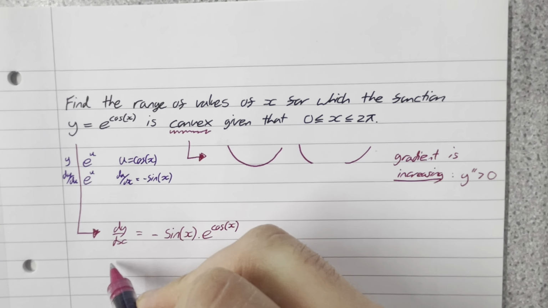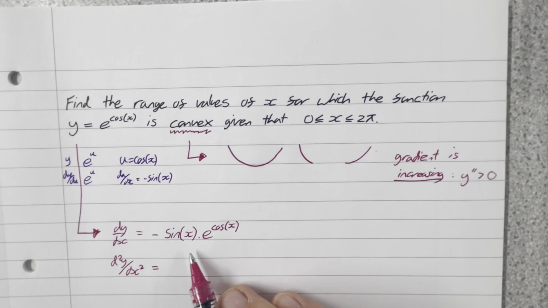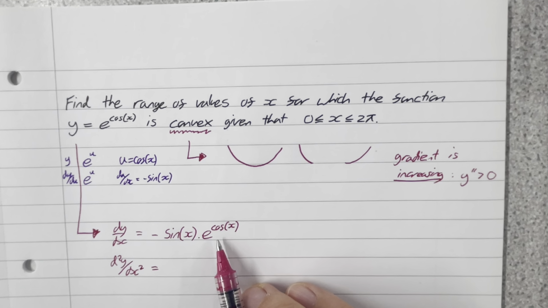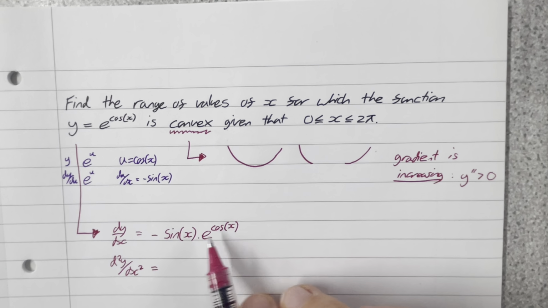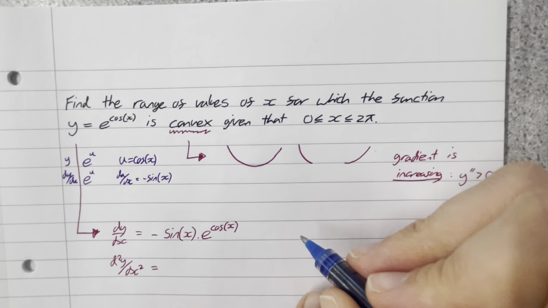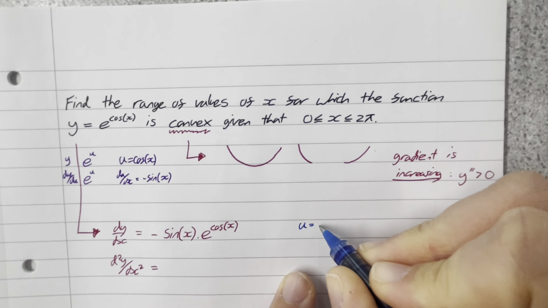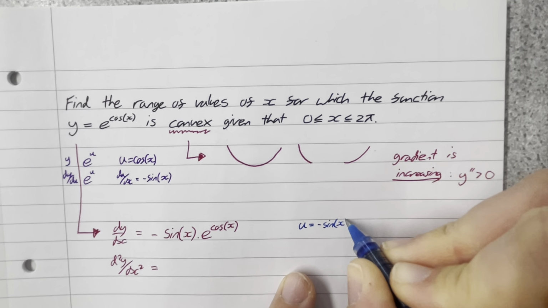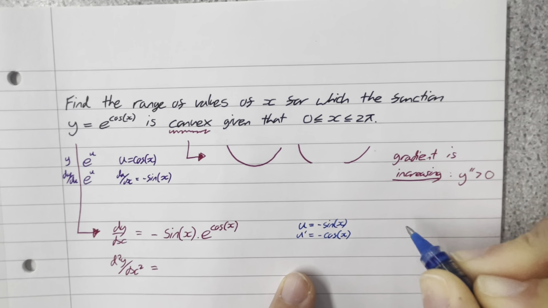The second derivative, d2y dx squared. We're going to need to look at this one and decide, okay, how we can differentiate that? Well, it's a product. Okay, it's a product rule now. So this times the differential of that plus that times the differential of this. So again, I'm just going to break that down over here. Once you get really good, you can just write the answer, but I'll break it down. So u equals minus sine x. U primed, therefore, is going to be minus the cosine of x.